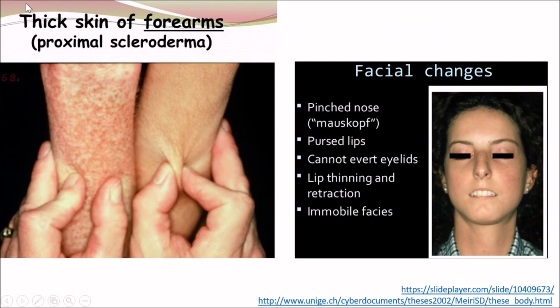And here we see the thick skin of the forearms, the proximal scleroderma, and facial change: the pinched nose, the pursed lips, the canted eyelids, lip thinning and retraction, and immobile face.